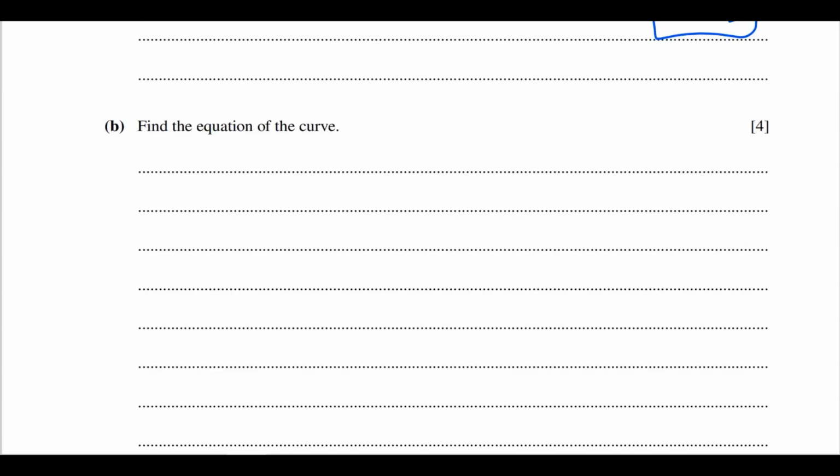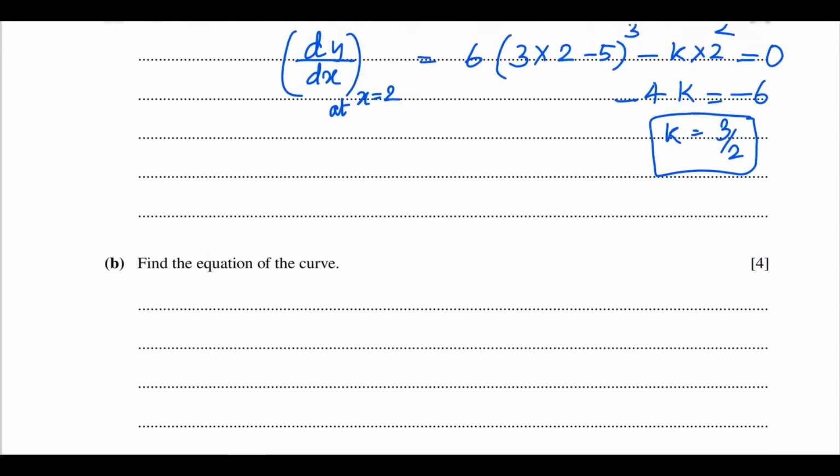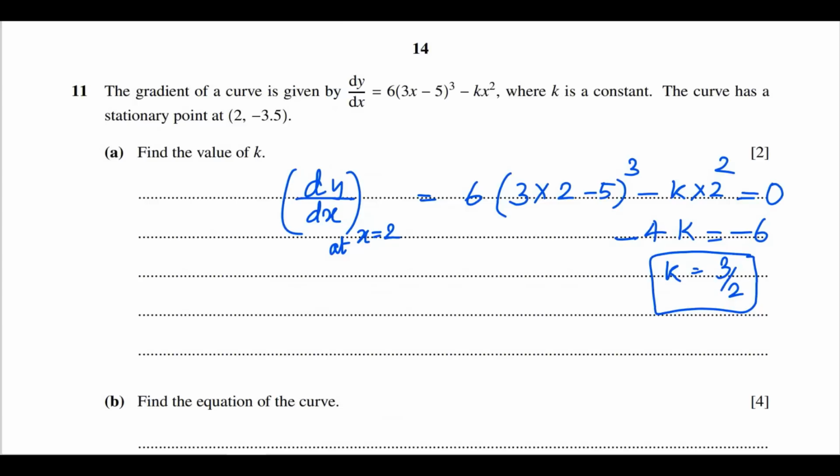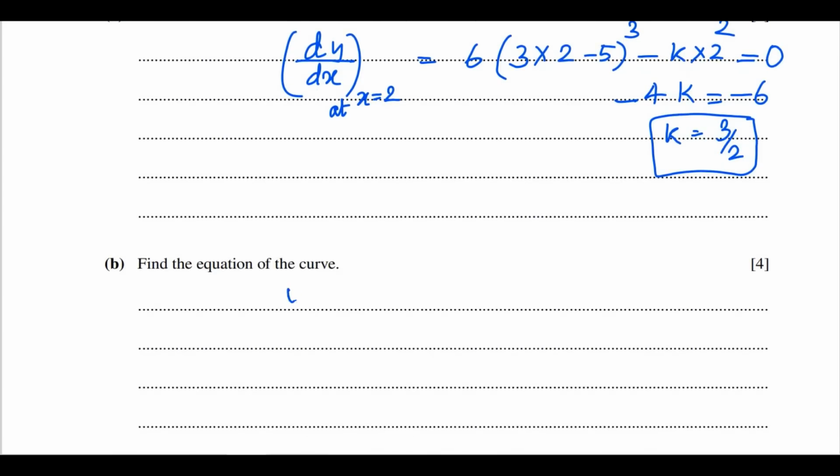Find the equation of the curve. To find the equation of the curve, we have to integrate this dy by dx value. So you will get y is equal to the integral of 6 multiplied by (3x − 5) the whole cube minus 3 over 2 x squared. 3 over 2 is the value of k.